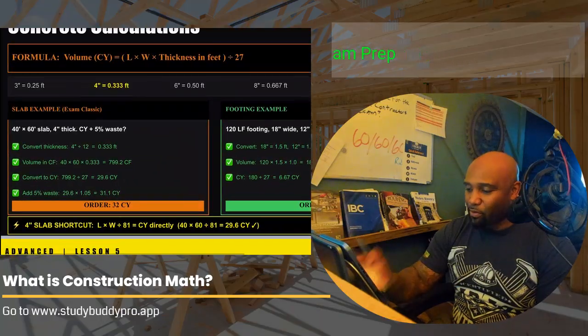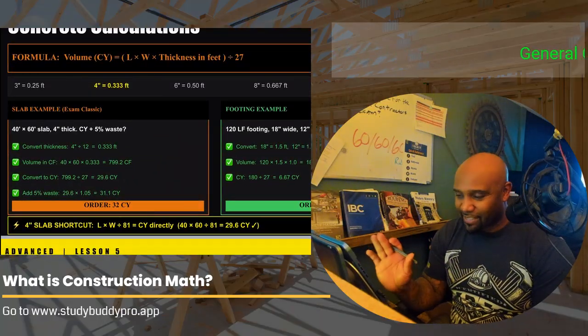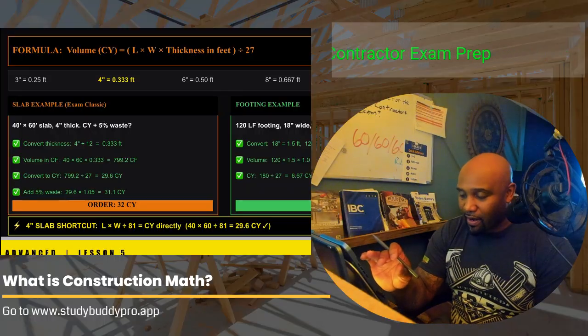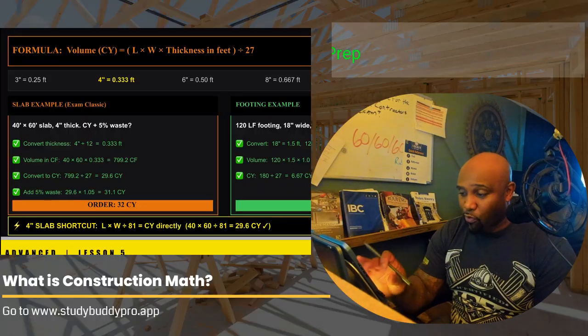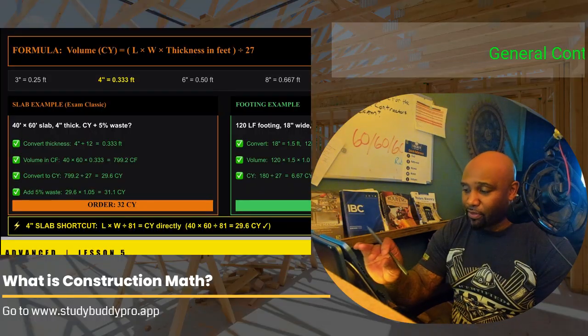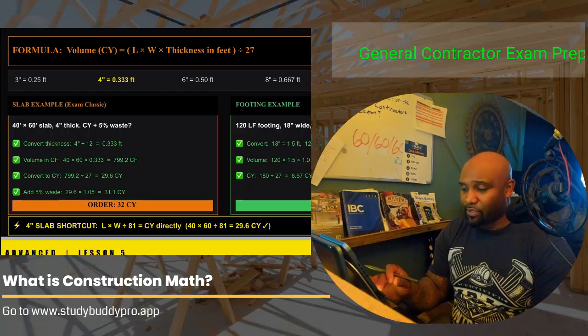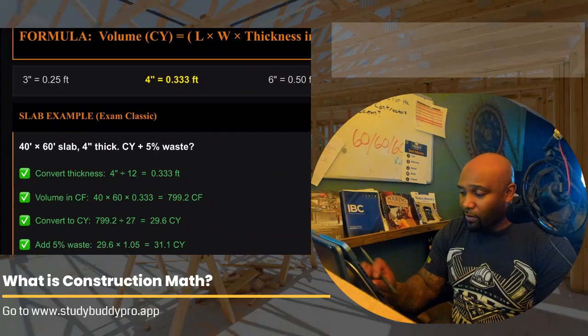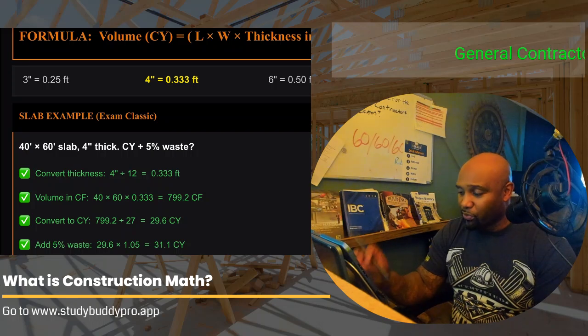A slab example, this is a classic example: we got 40 feet times 60 feet with a 4-inch thick slab, and we want the cubic yards plus 5% waste. Well, we have to convert the 4 over, so that's going to get you 0.333.